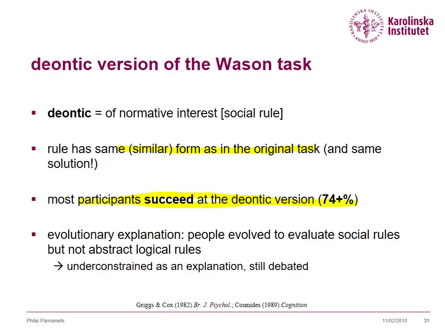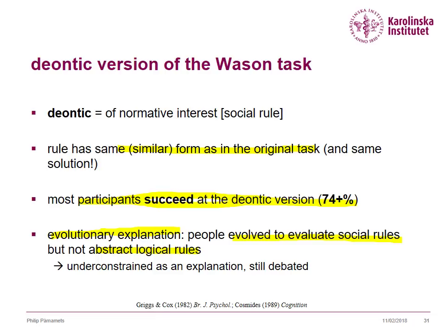So the claim here is that the Wason task might not be showing a general failure of our logical reasoning, but showing something else. So what the people who developed the deontic version of the Wason task tend to argue is they tend to give a sort of evolutionary explanation. The idea is that people have evolved to evaluate social rules, but not abstract logical rules.